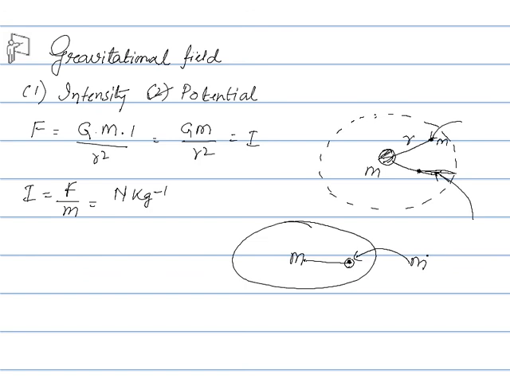Now instead of any mass m dash, if we bring a unit mass, then this work done stored in this body as potential energy is called the gravitational potential. So how is gravitational potential related to gravitational potential energy? Potential means gravitational potential energy per unit mass.